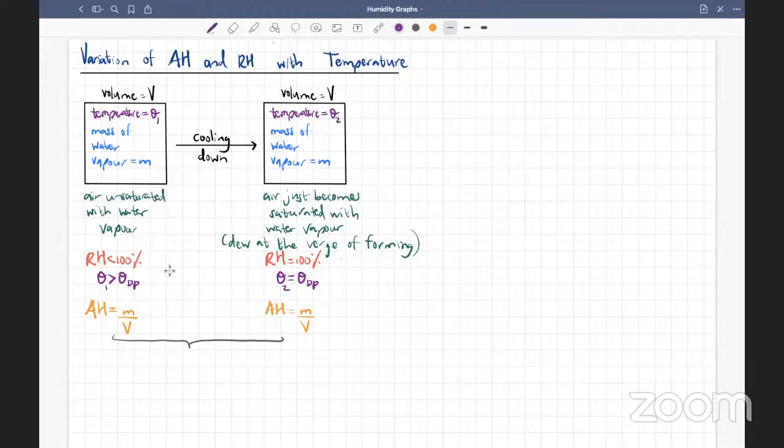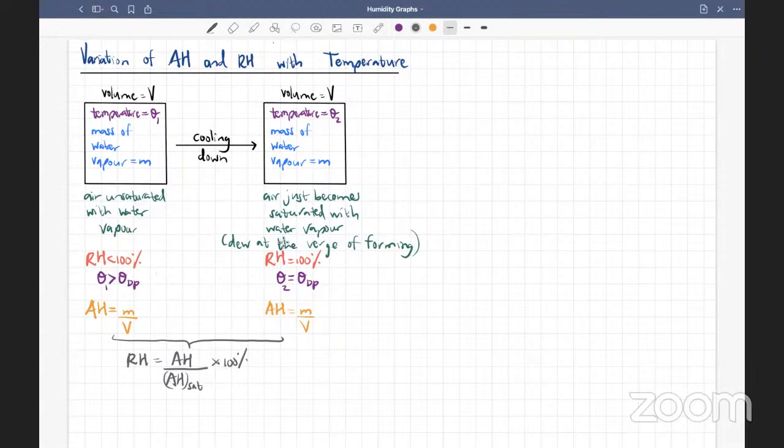And what's happening during this time? We all know the equation for RH. What is the equation for RH, people? RH is equal to absolute humidity of unsaturated vapor divided by absolute humidity of saturated vapor, into 100.